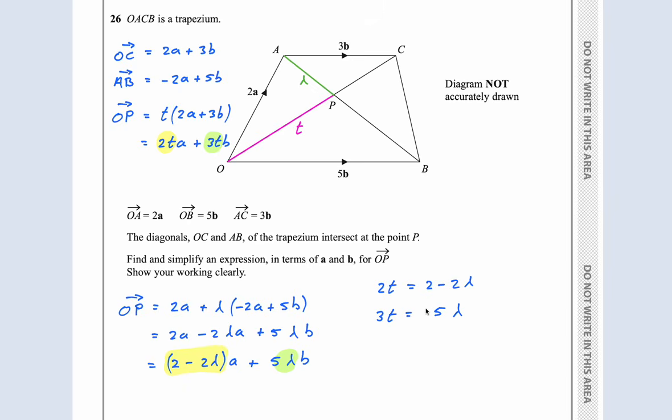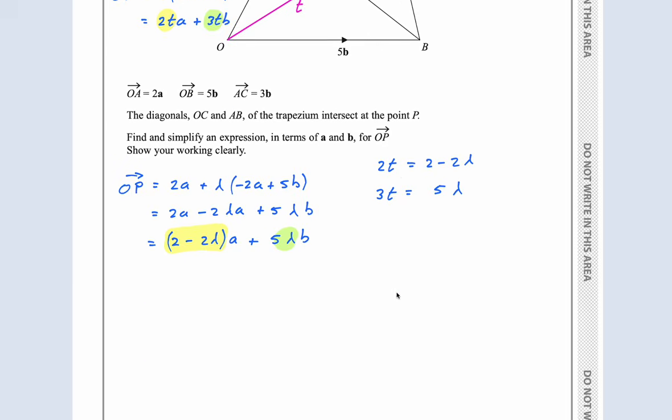Now, I have two equations with two unknowns. I can solve these and find myself t and lambda. So how do I solve this? Numerous ways to do it. Let's solve it by elimination. So this top equation, let me just move down here.